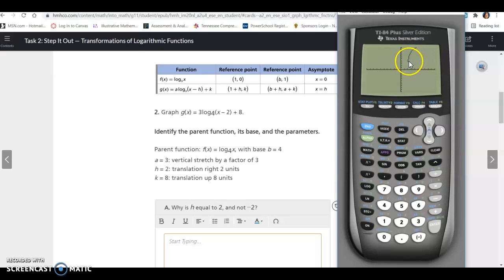It gets closer and closer to the asymptote. It doesn't actually touch it, and it's not a vertical line, so your calculator has a hard time graphing these points. Let's change the window and see if that helps at all. So let's change our x minimum to -5 and our x maximum to 5.